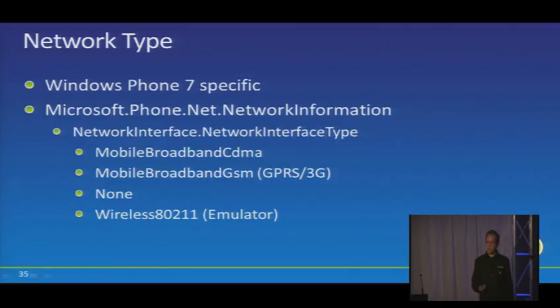It could contain none, obviously, if there's no network. Or it can contain wireless 802.11 if you're on a wireless network, or it could also contain Ethernet, which is what you get when your device is docked to the PC. The emulator always returns wireless 802.11, regardless of however your computer is connected. And I think it remains that way even if your computer is disconnected from the network.